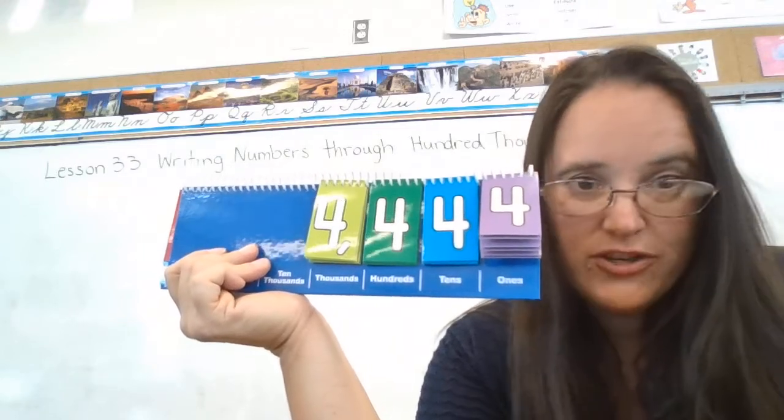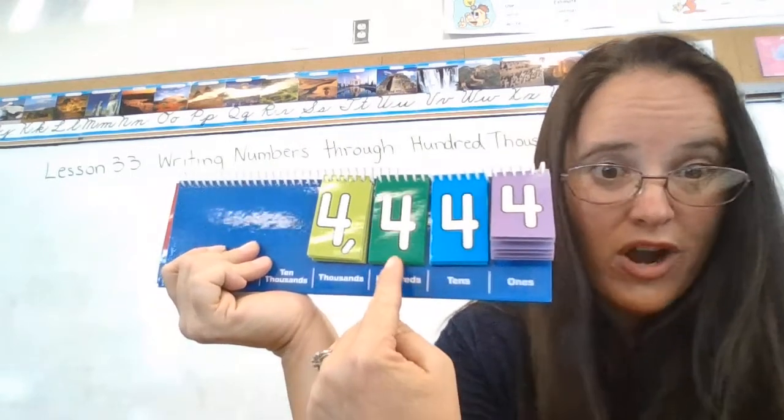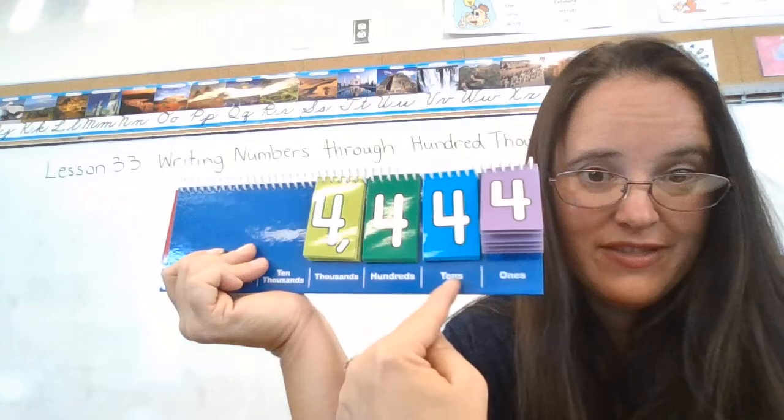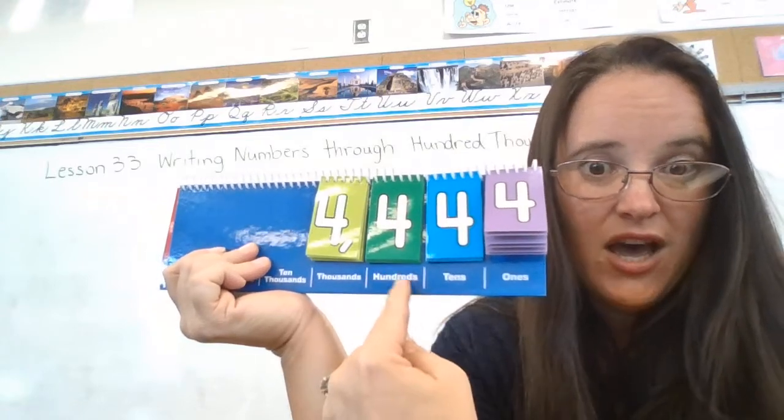So 400s would be 40 tens or 400 ones. So again, this is 10 times bigger than this, and it's 100 times bigger than this.